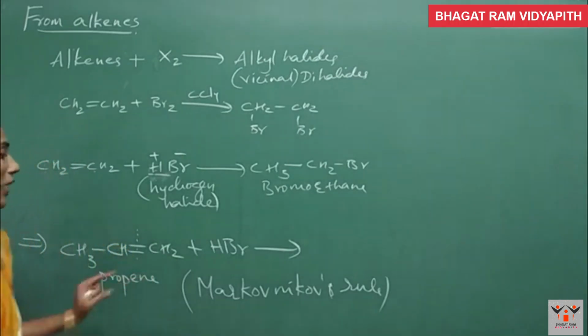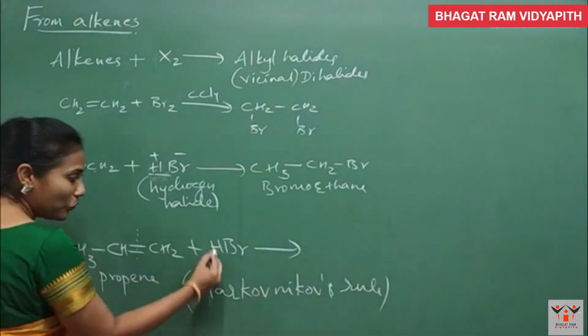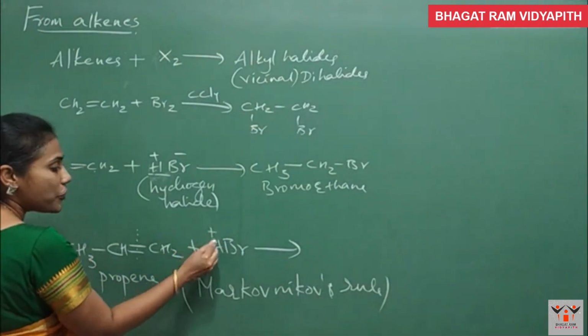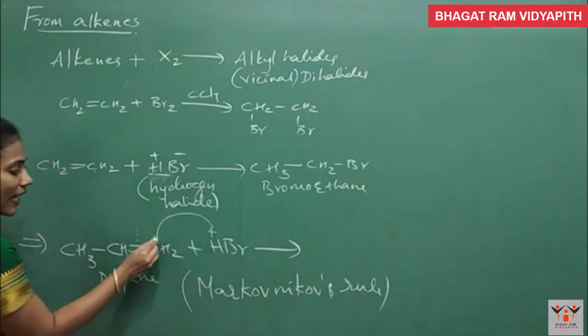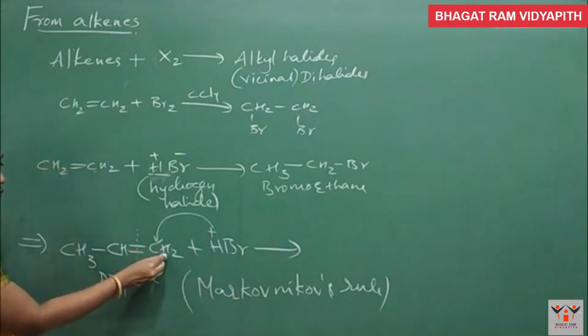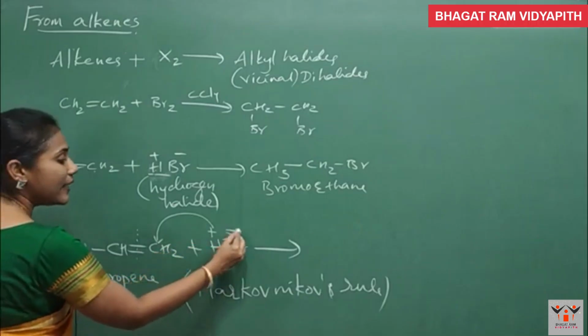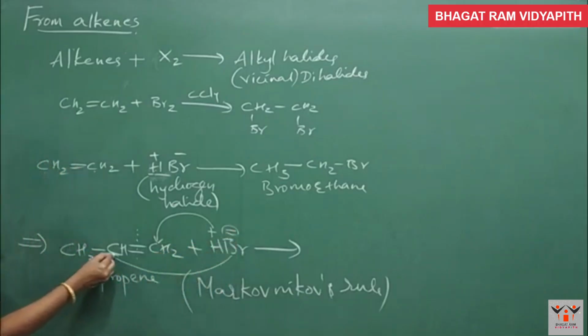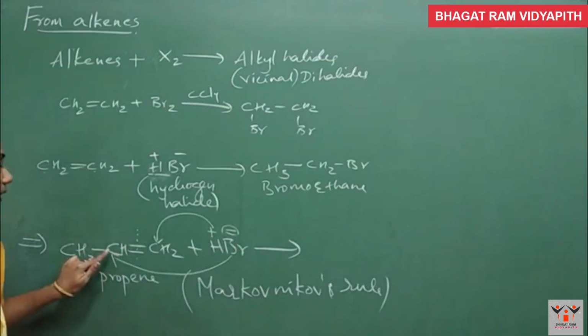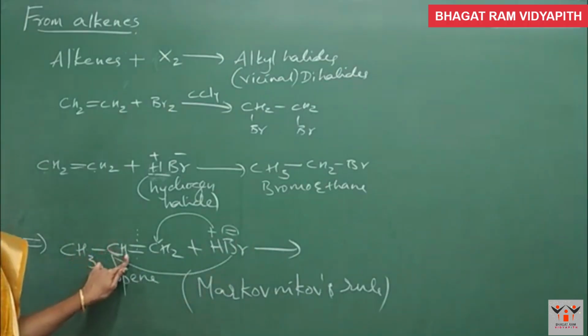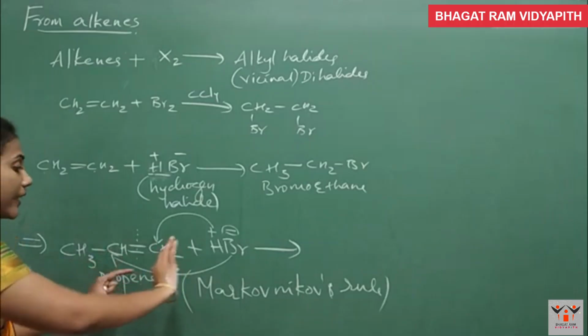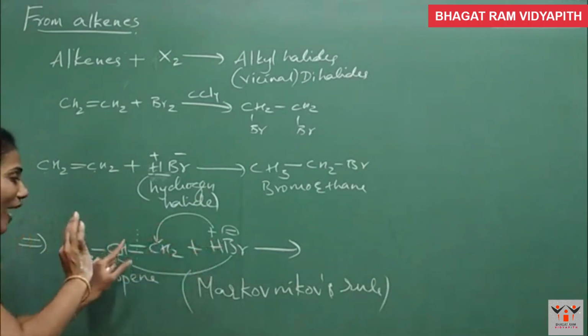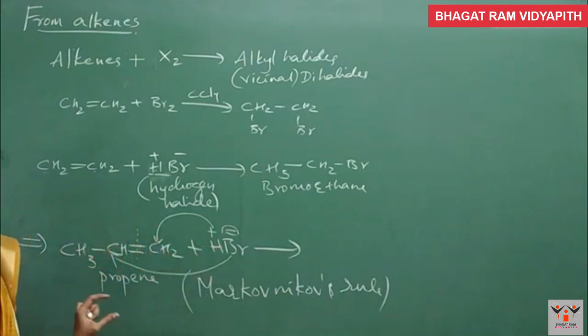According to Markovnikov's rule, you will add the positive part to the unsaturated carbon having more hydrogens. You will add the negative part to the unsaturated carbon having fewer hydrogens. So according to the rule, you have to add HBr to the unsymmetrical alkene.